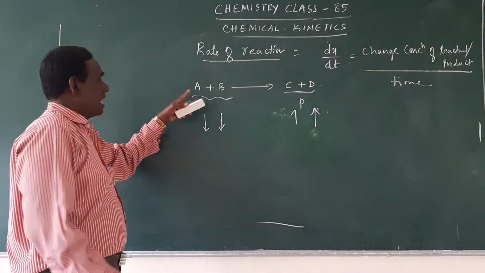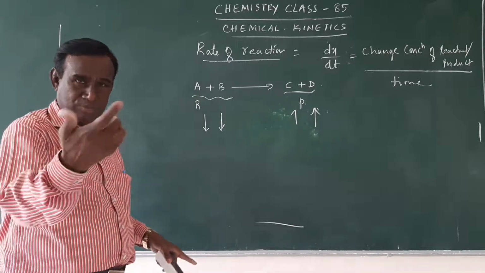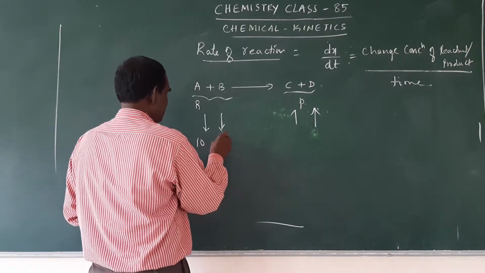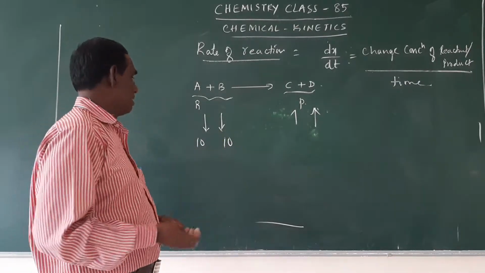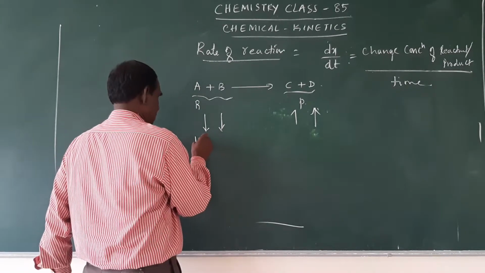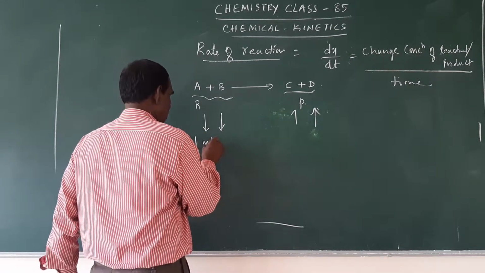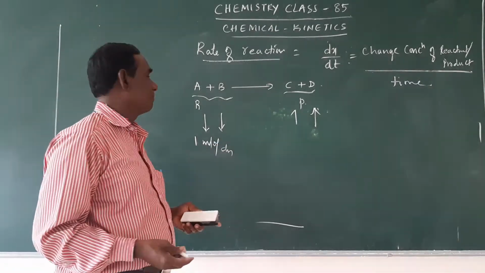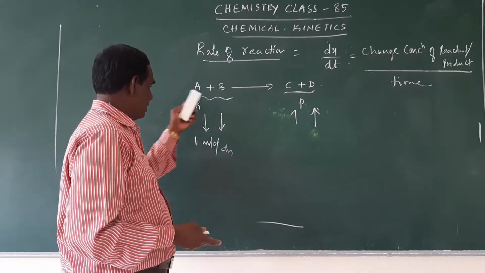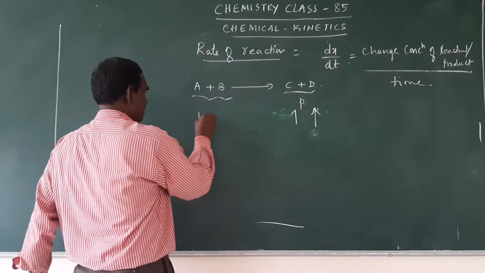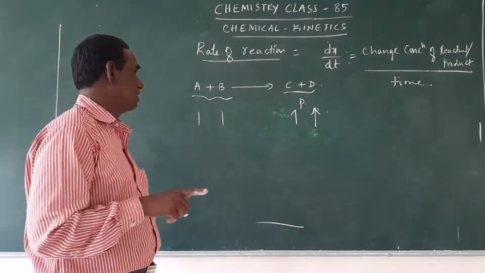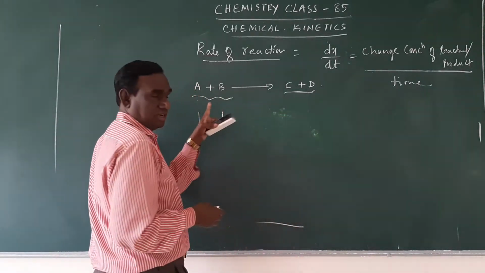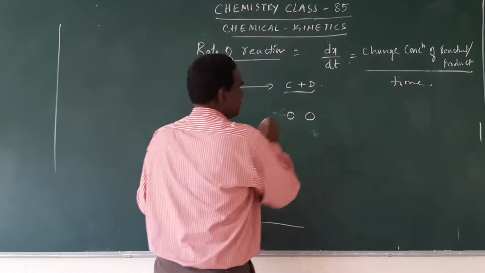Before the commencement of the reaction, if you take the concentration of A as 1 and concentration of B as 1, for example 1 mole per dm cube, since concentration is expressed in mole per dm cube, the concentration of products is 0.